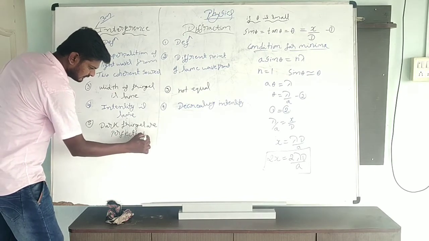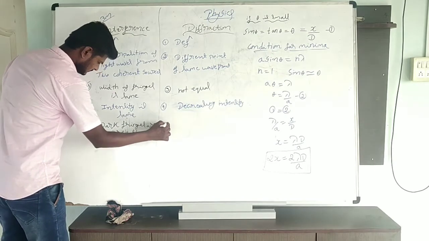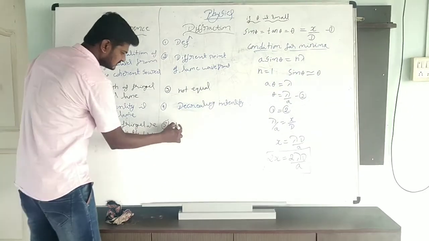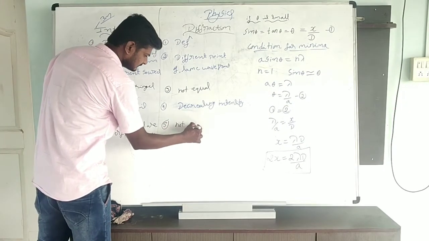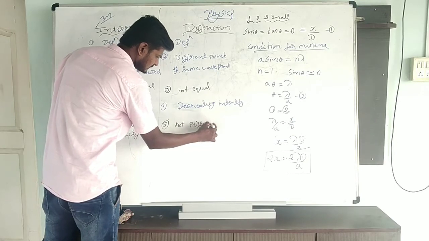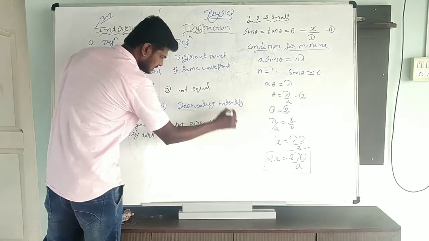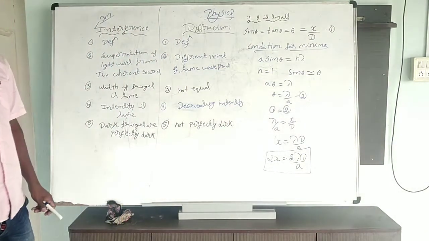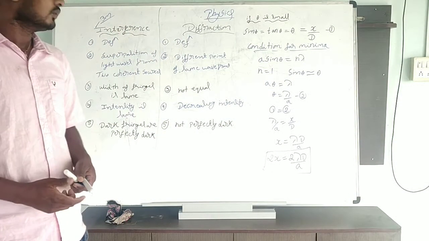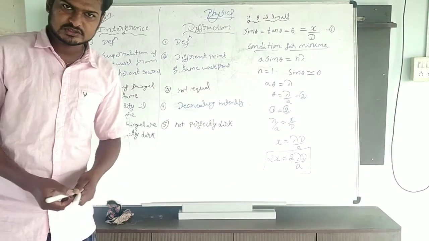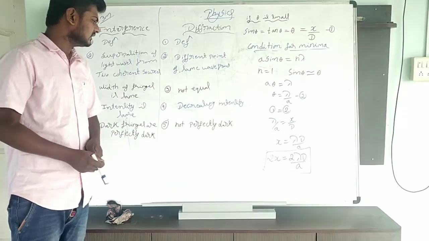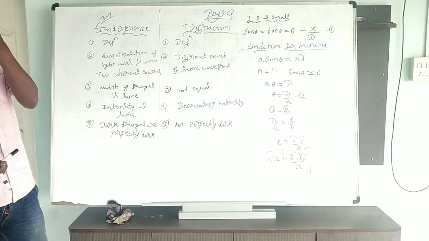Here in diffraction, dark fringes are not perfectly dark, because the bright and dark fringes are going to be overlapped. That's why the dark fringes are not perfectly dark.